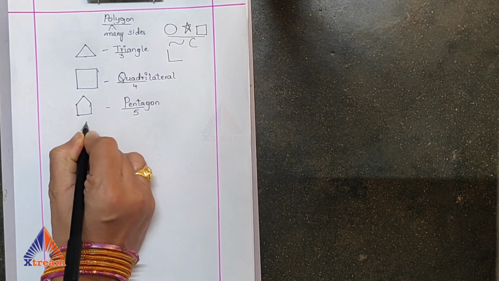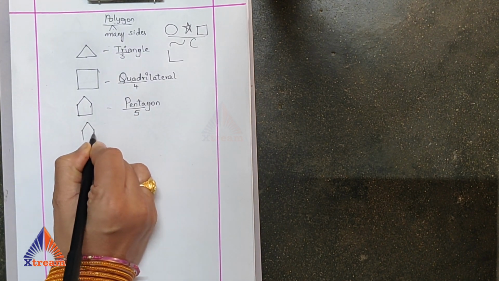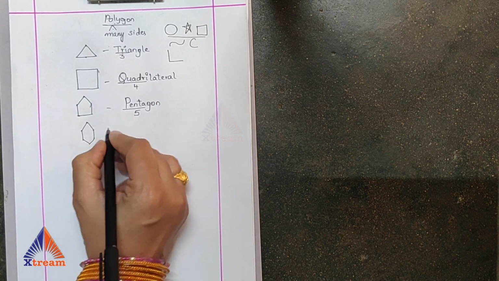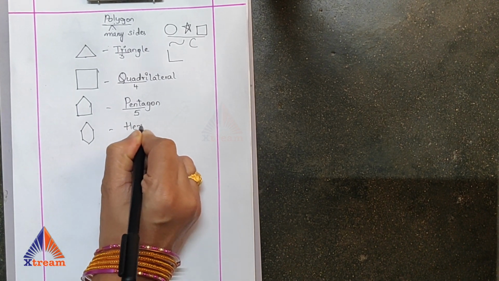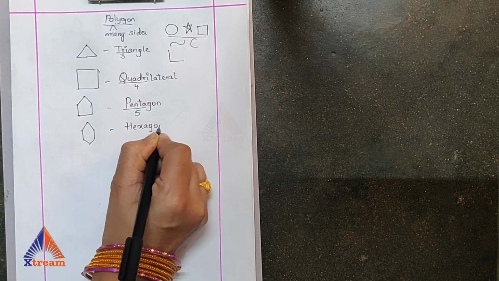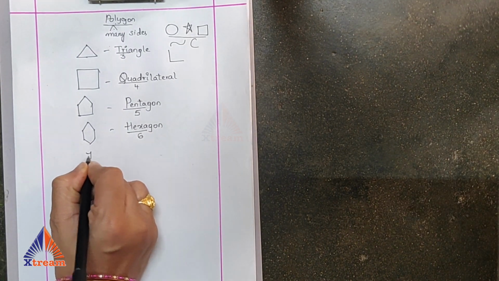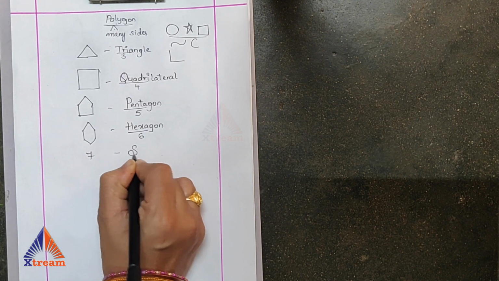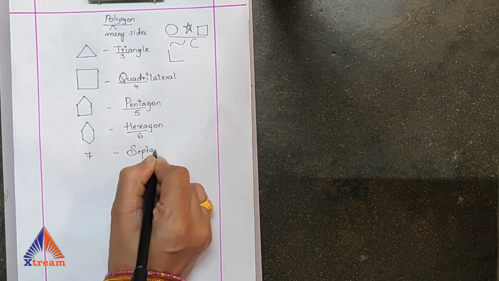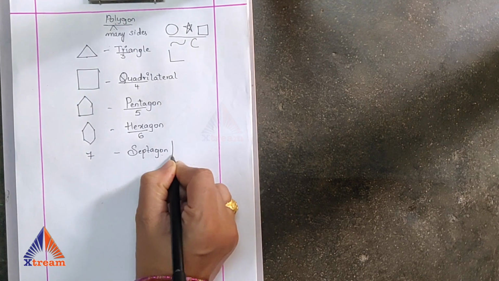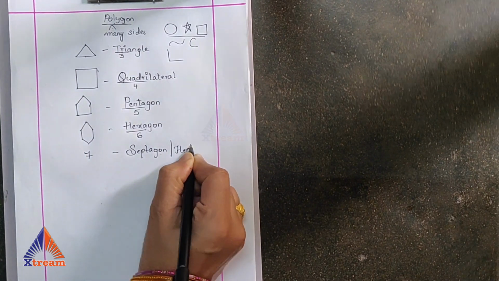Like that we have a 6-sided polygon, which is called a hexagon, where hexa means 6. Like that a 7-sided polygon we call a septagon or heptagon.